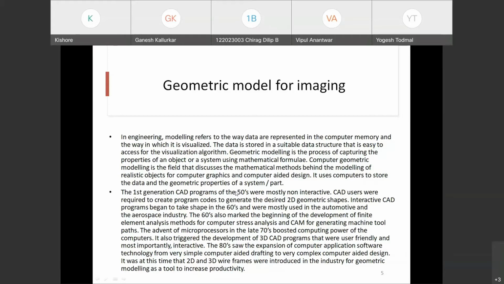CAD programs were initially developed in the 50s, and they were usually non-interactive in nature. What do we mean by interactive? Let's say you have opened up a 3D model in your CAD software.